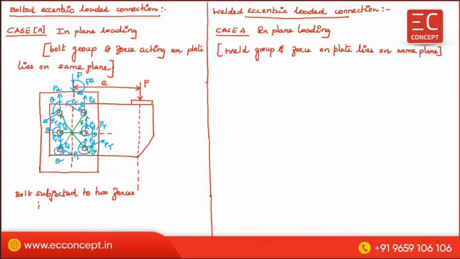One is direct load, or we can say direct stress, due to direct load, that is PD, which is equal to P divided by N. Next slide I will write direct stress due to direct load.